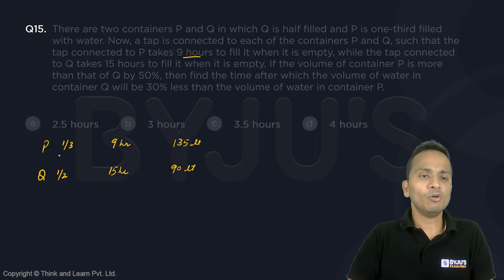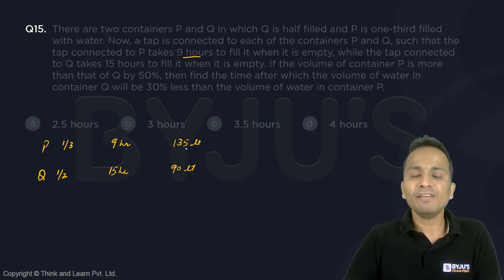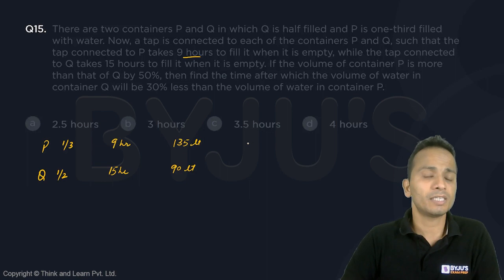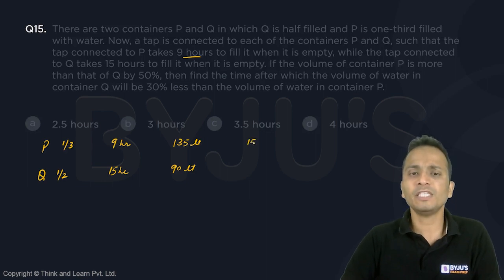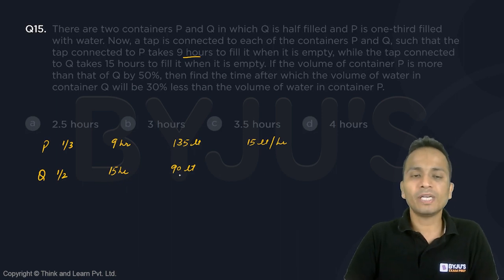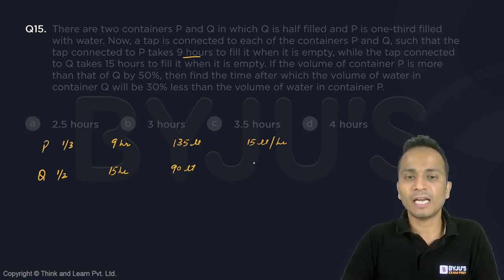Now, P is entirely filled by the tap in 9 hours. So 135 liters in 9 hours, so the rate at which water is filling in tank P is 15 liters per hour. Similarly, for Q, it is 90 divided by 15, that is 6 liters per hour.